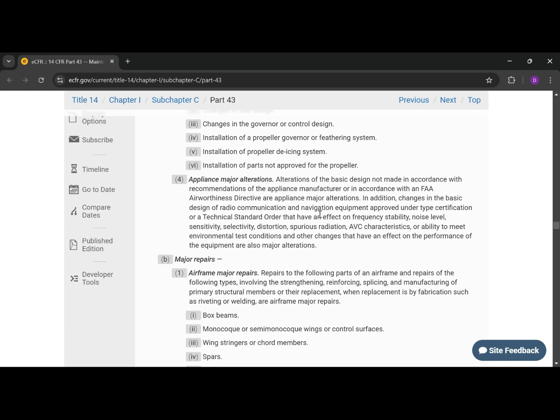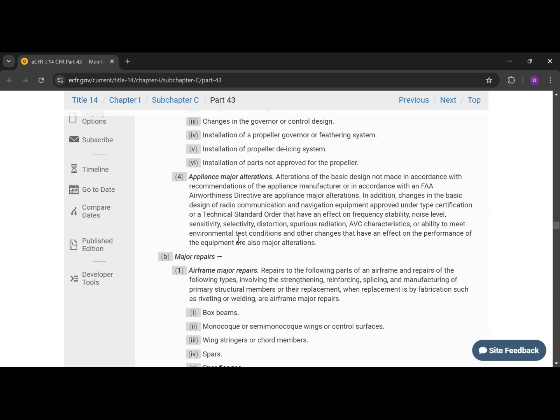In addition, changes in the basic design of radio communication and navigation equipment approved under type certification or a technical standard order that have an effect on frequency, stability, noise level, sensitivity, selectivity, distortion, spurious radiation, AVC characteristics, or ability to meet environmental test conditions and other changes that have an effect on the performance of the equipment are also major alterations.